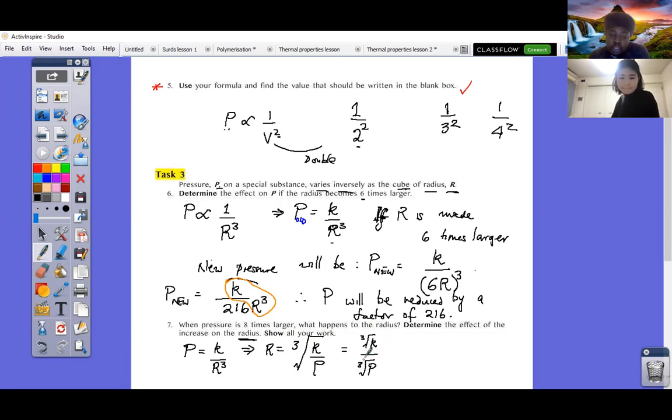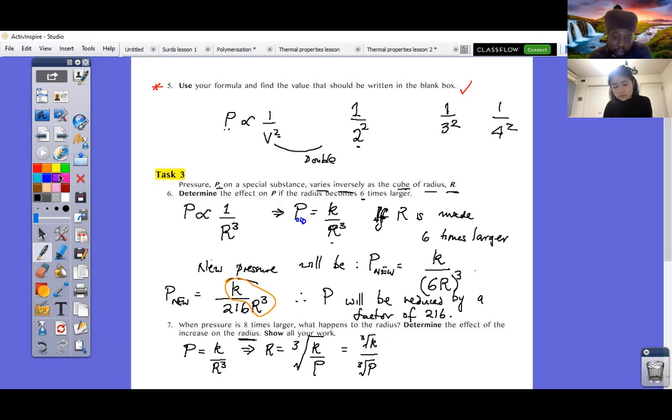Now, this cube root of K is a constant number. K is a constant number. That's the key thing to remember. So the cube root of K will also be another constant number that doesn't change, okay? Because K is an actual number, the cube root of it will also be an actual number.